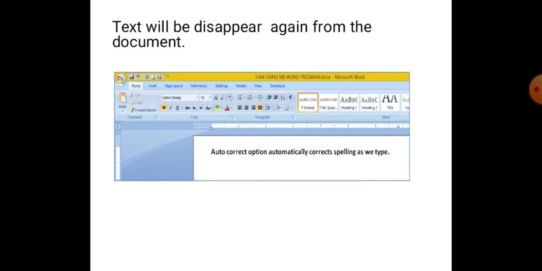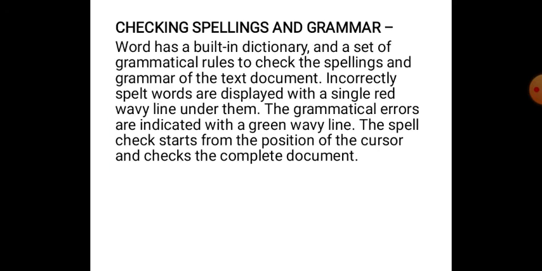See, the text disappears from the document again, or you can say it repeats our original actions. It repeats the actions we took before undo, or we can say it reverses the undo actions. So I hope you understand about the undo and redo commands.